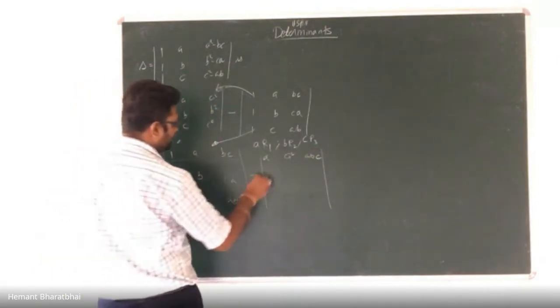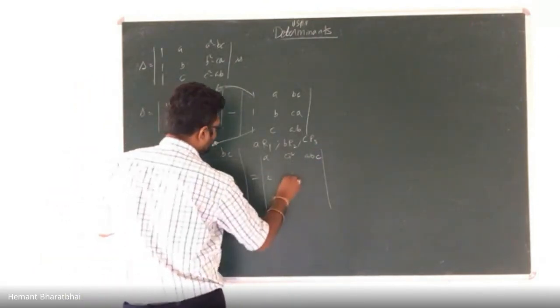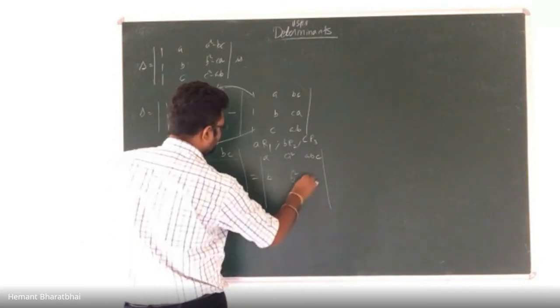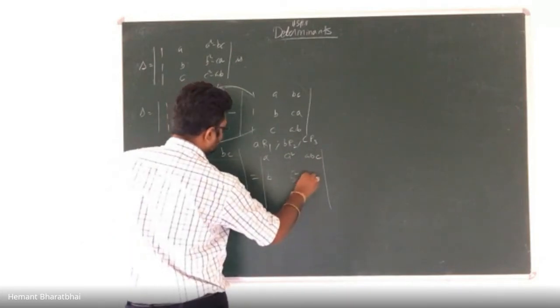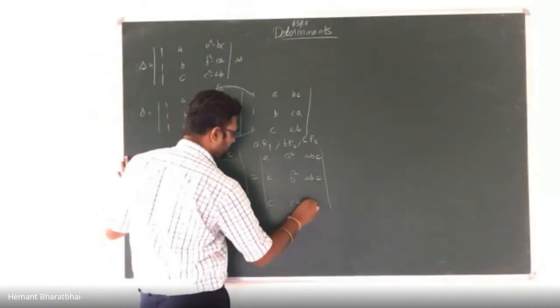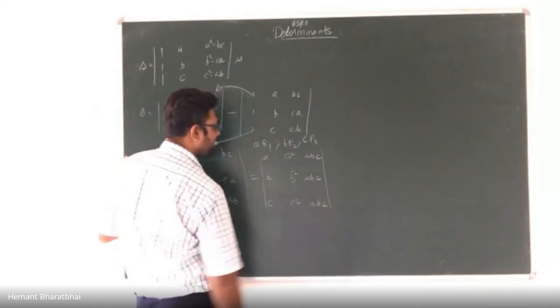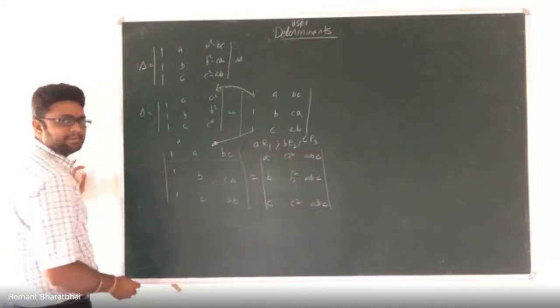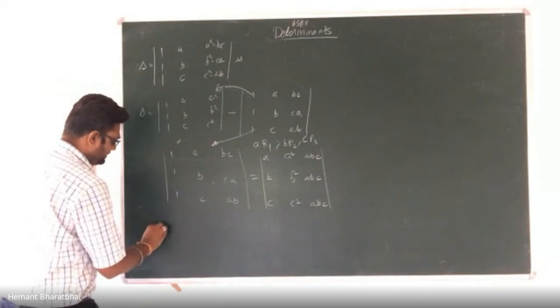Similarly, when I multiply with B, I'll get B, B square, and here also ABC. Here I'll get C square, and here also ABC. So I can take this ABC as common.